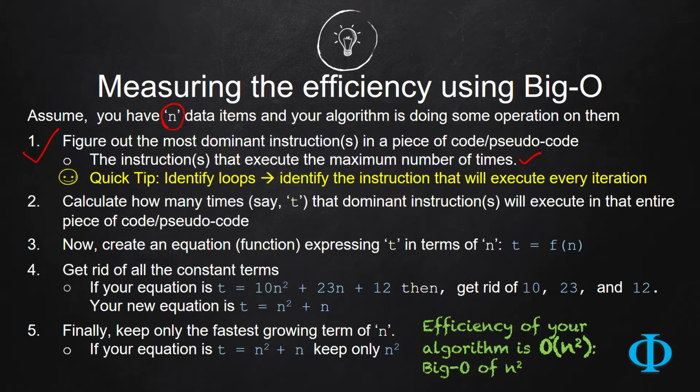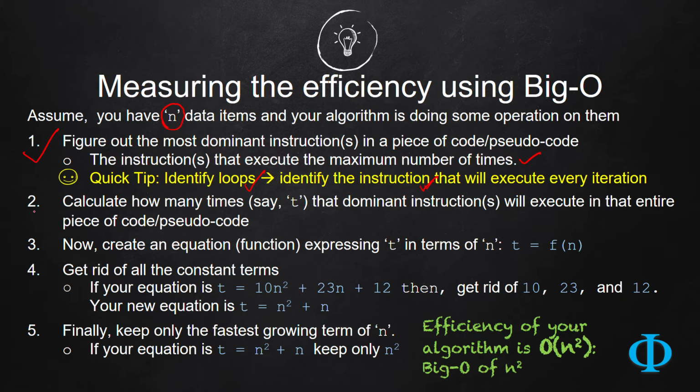But if your program has loops inside it, then you have to identify the instruction which is executing in every iteration of the loop. So basically, you have to identify all the loops in your program, and also identify the instruction inside those loops that is executing all the time in every iteration.